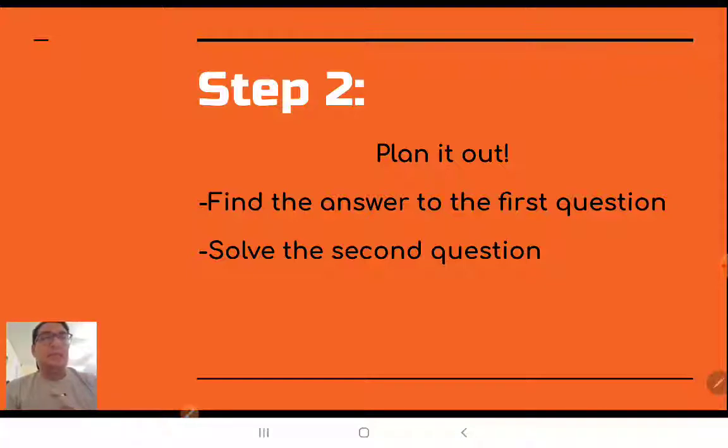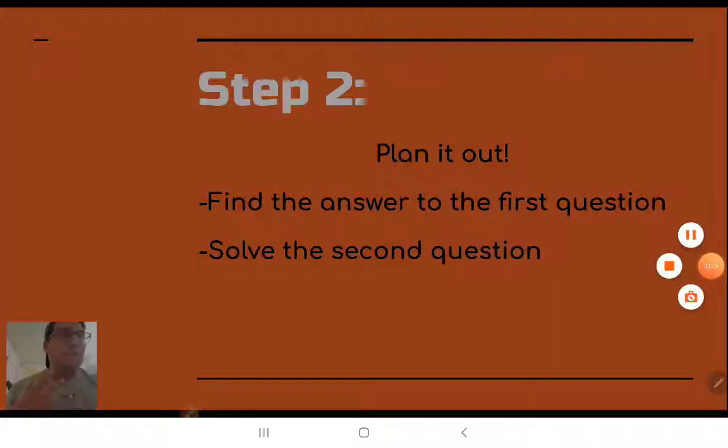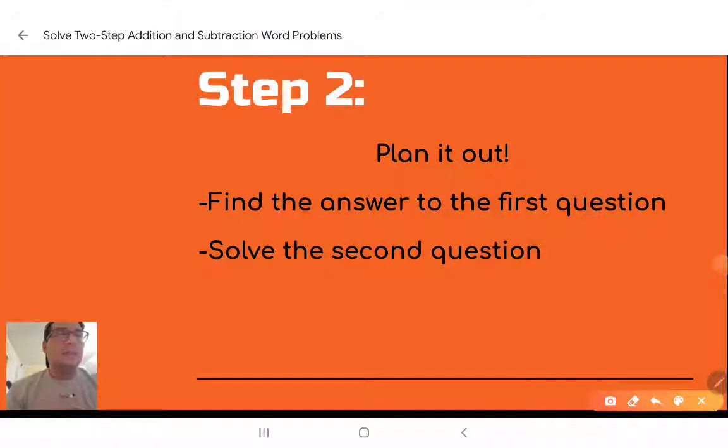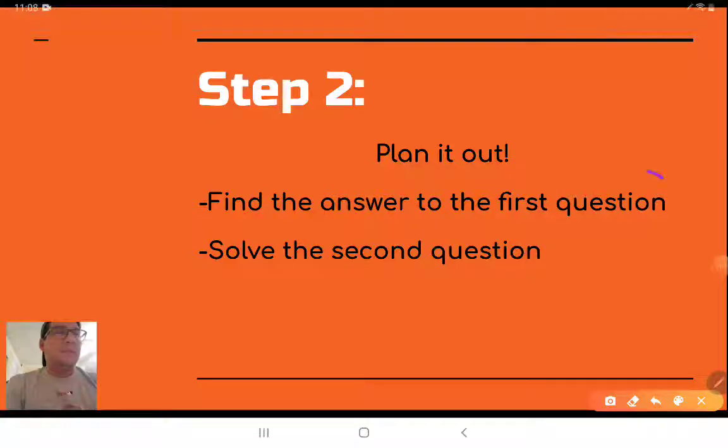Find the answer to the first question, because remember, this is a two-step problem. So there are going to be two questions to answer. The first step is to answer the first question.